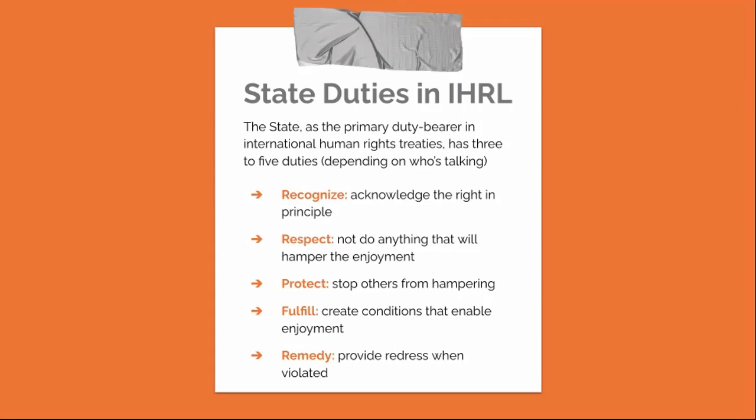So this duty to recognize, I feel like it's already inherent in respecting, protecting, and fulfilling and providing remedies. I already feel like it's part of those things, but I do understand the position of other people where, look, there is still a duty to say that this is a fundamental right so that they cannot just remove these safeguards in the future.